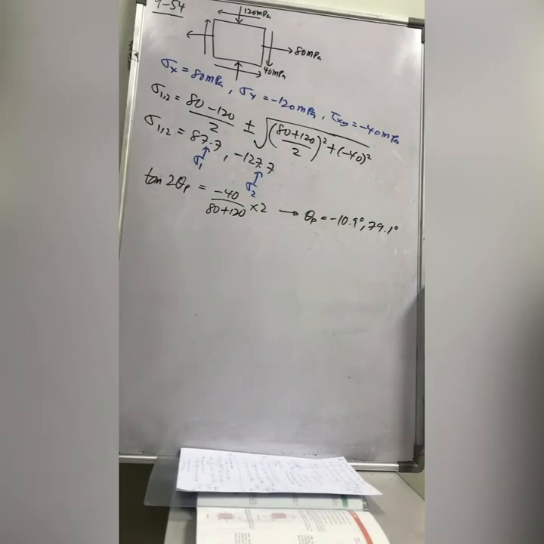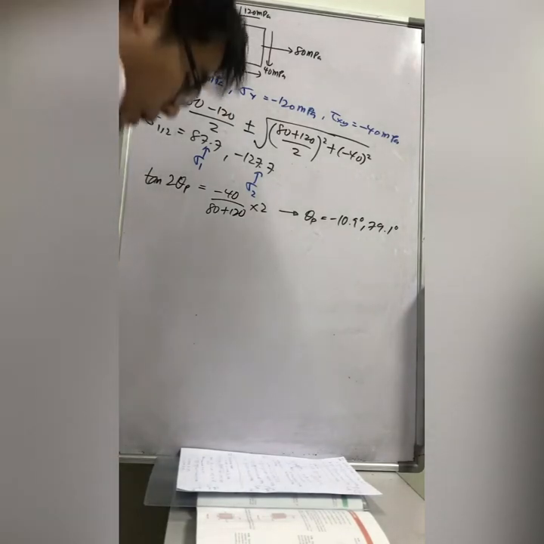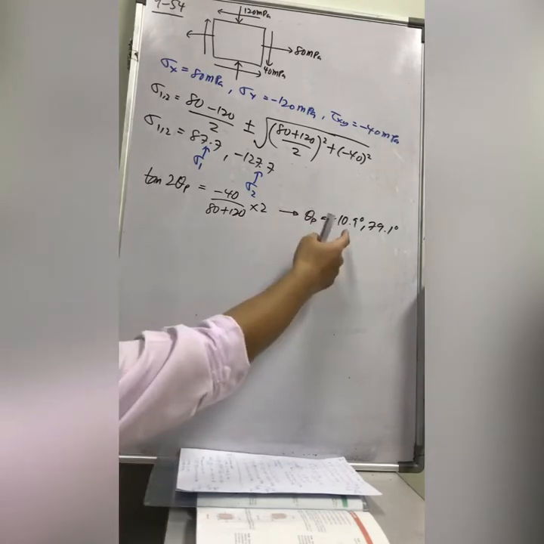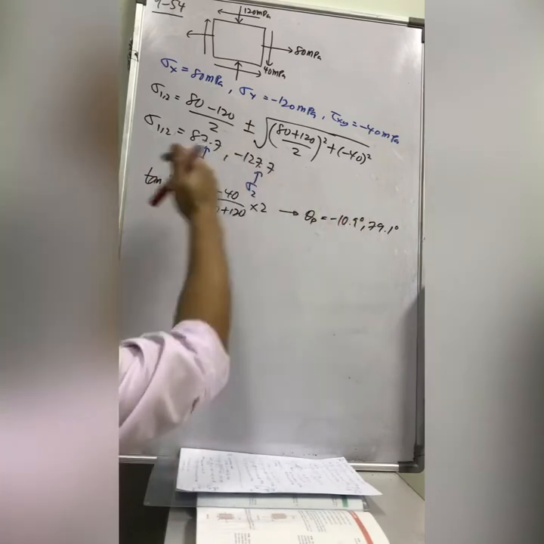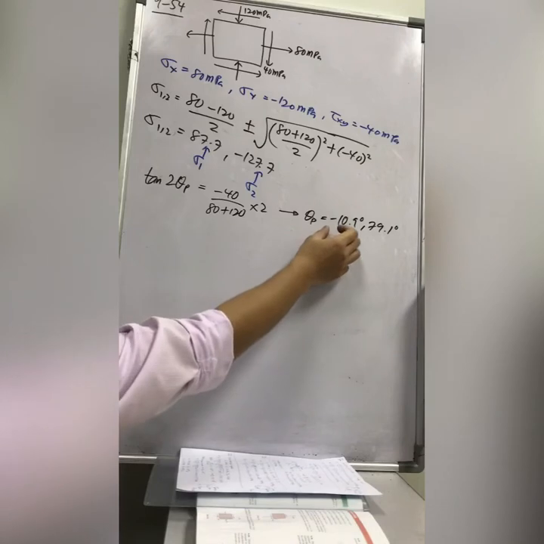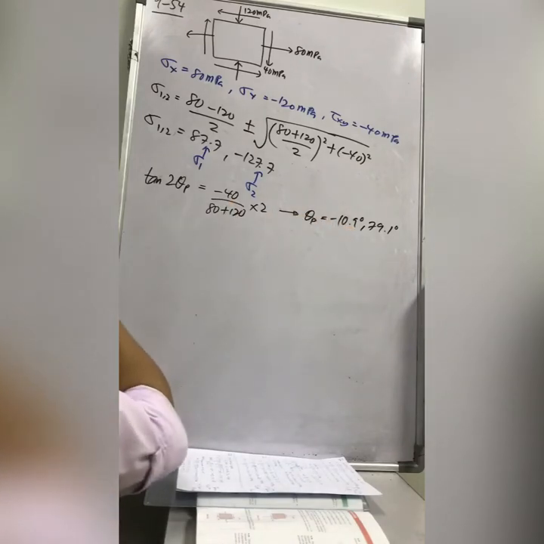So what you have to do is try to find out which of these belongs to which. For instance, you take theta equals minus 10.9 and put it into the general equation.